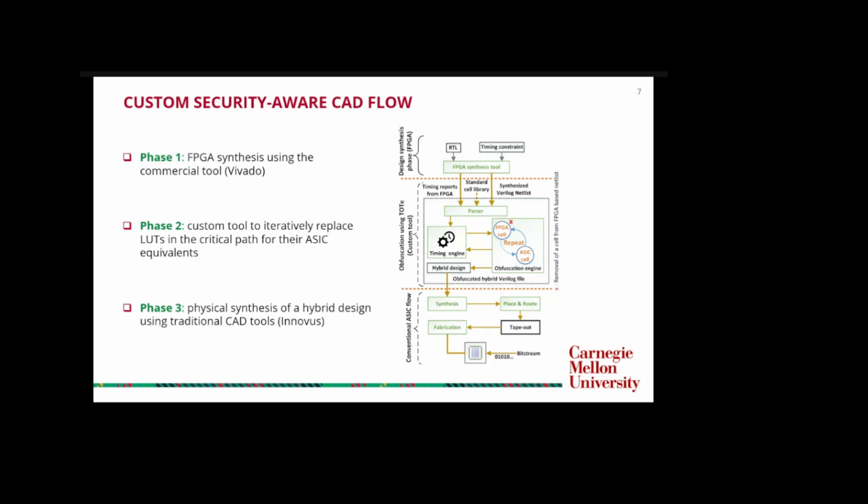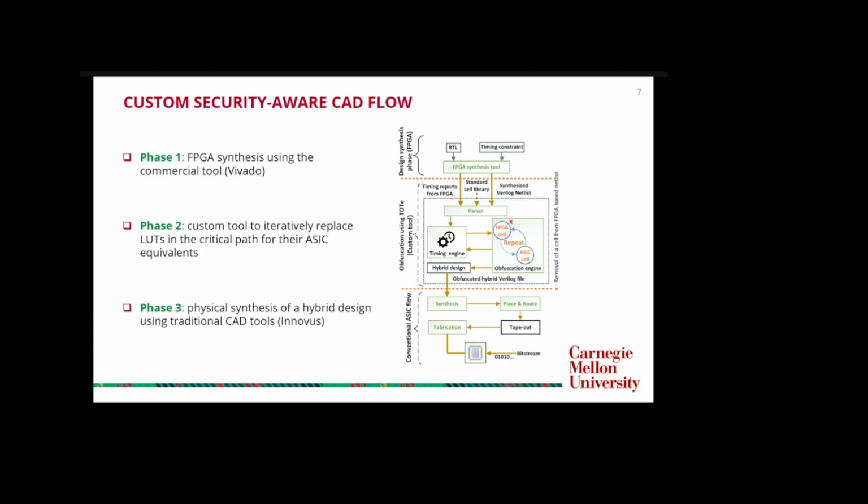In layman's terminology, we keep repeating this process until enough LUTs have been converted to ASIC cells. And then we also interface with the timing engine so that we can keep track of our TNS and WNS, total negative slack and worst negative slack, so that we can also evaluate the performance over the obfuscation phase, right?